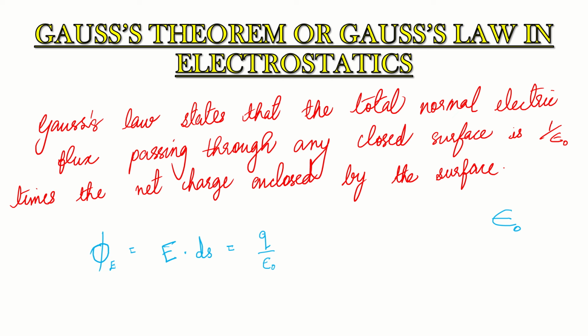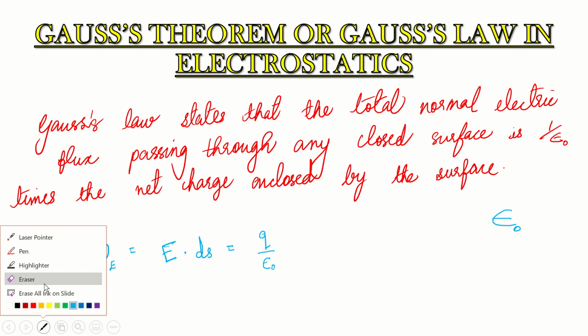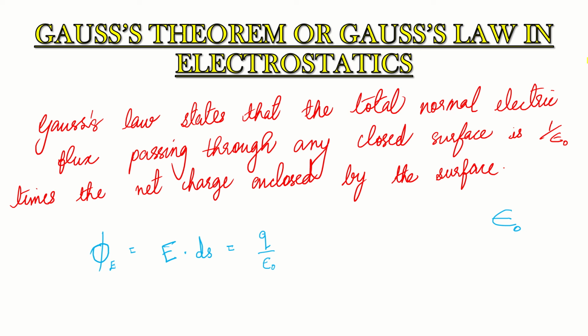Gauss's law states that the total normal electric flux passing through any closed surface is 1 by epsilon naught times the net charge enclosed by the surface. And here a necessary condition is, in order to apply Gauss's theorem to any object or any surface, it should be closed.